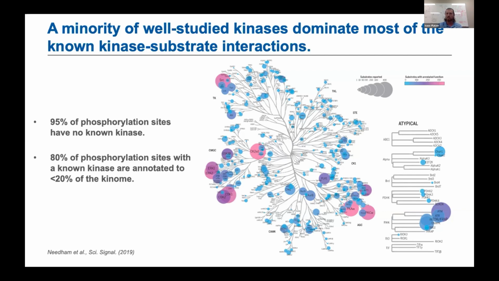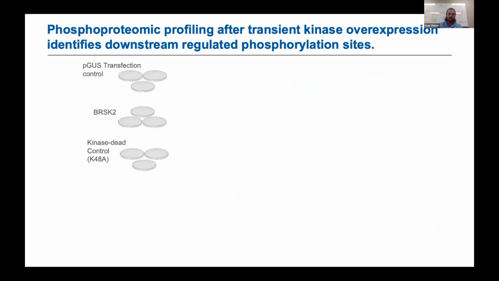And so the second branch of my thesis work is to develop methods that can identify substrates in an unbiased way. And so the way that I've worked on doing this is to use transient overexpression, gain of function type experiments, followed by phosphoproteomic profiling.